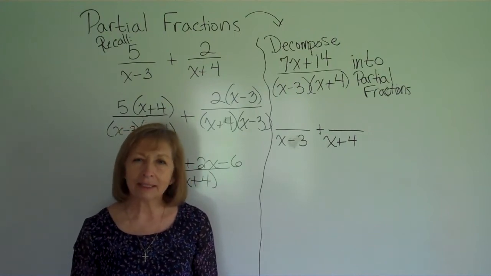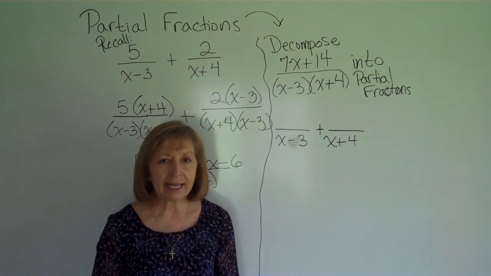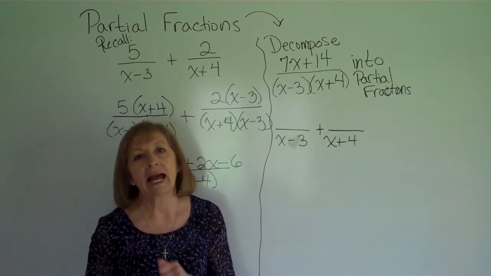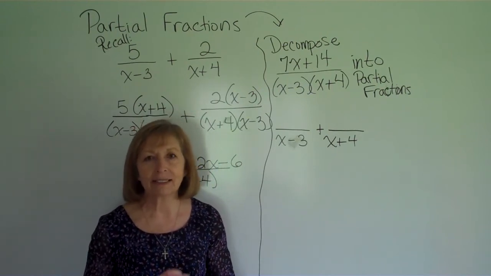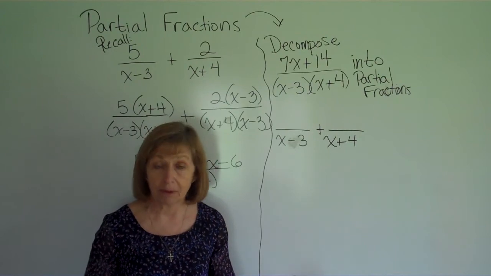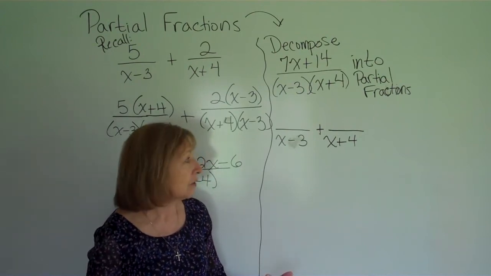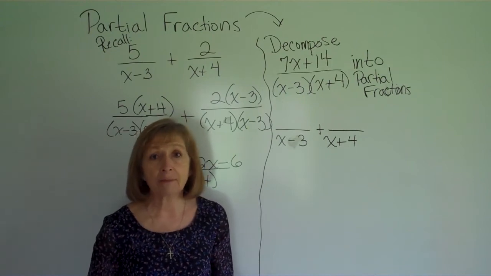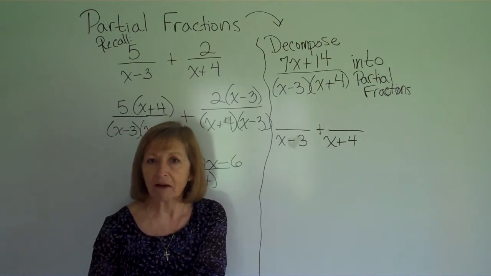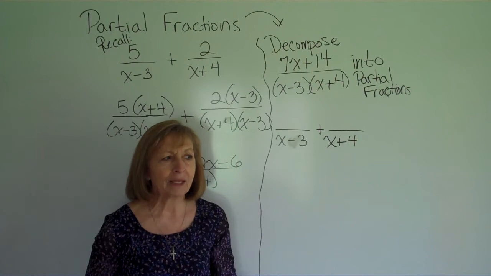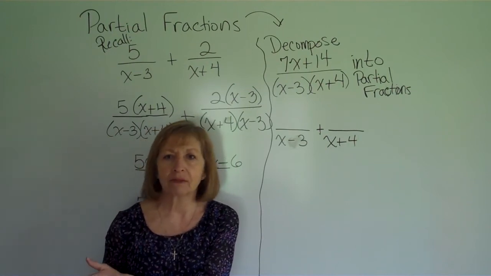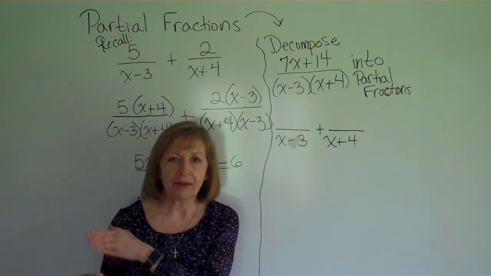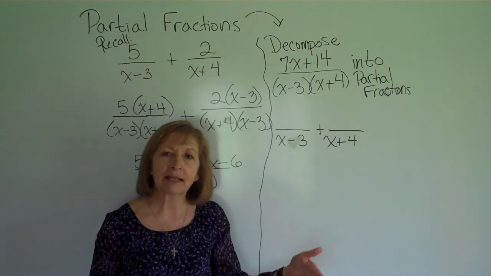All right, now I need placeholders in the numerator, and I want to ultimately have it where those are numbers, and I don't want to get them confused with the variable that's really in the problem. So since the variable in this problem is x, and I just want placeholders, I'm going to use letters from the beginning of the alphabet. I'm going to start with the first letter, A, and then work my way down as many of the letters as I need.